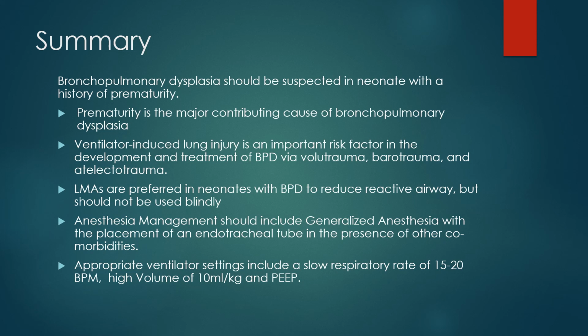This facilitates more accurate and effective ventilation. Appropriate ventilation settings include slow respiratory rates of 15 to 20 breaths per minute, high volumes of 10 milliliters per kilogram, and positive end-expiratory pressure in order to keep the lungs properly ventilating.